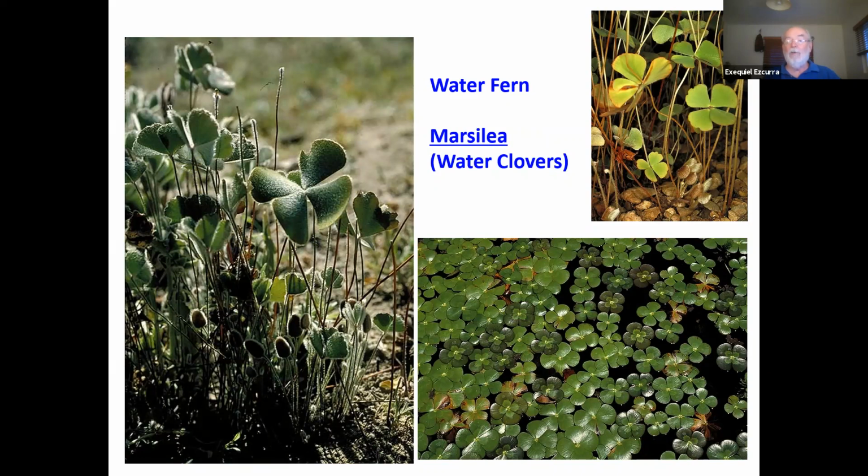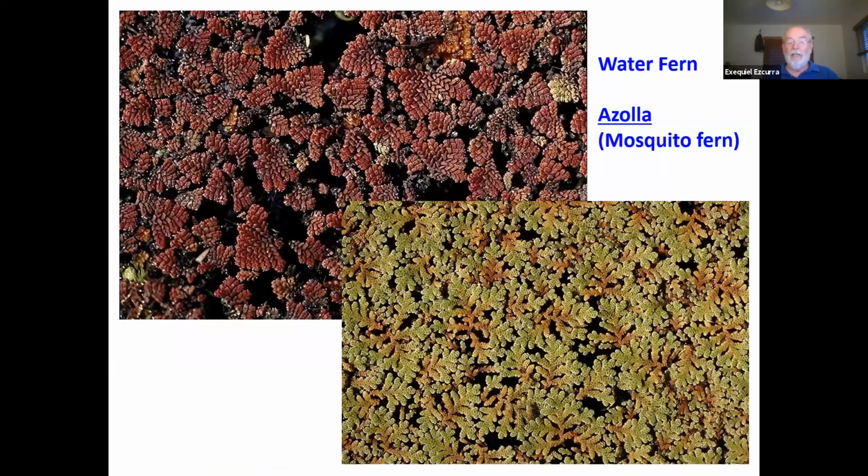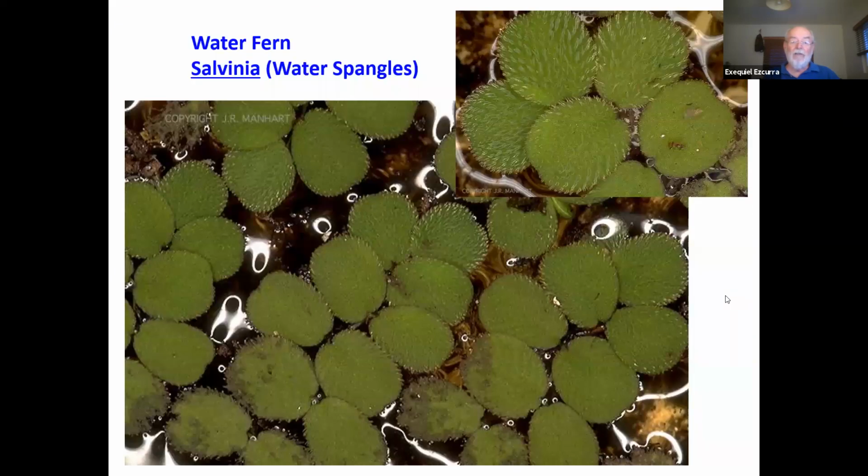The mosquito ferns, Azolla, very common also in fresh water, they have a compound frond, like the frond of common land ferns. And the most important one, Salvinia, the water spangles, very invasive, as a matter of fact, in some of our water bodies, reservoirs, and rivers. They all belong in the ferns.